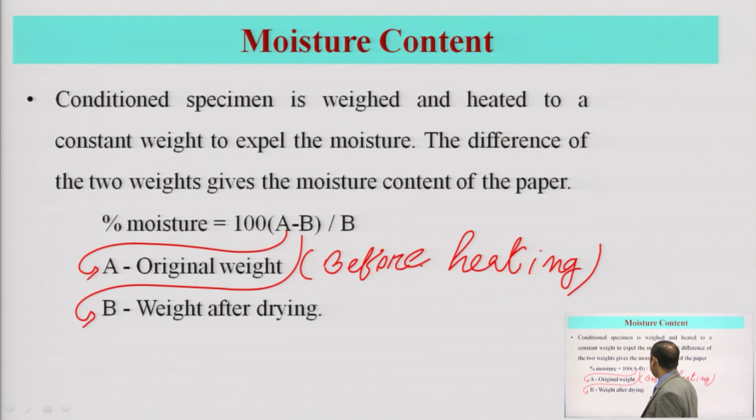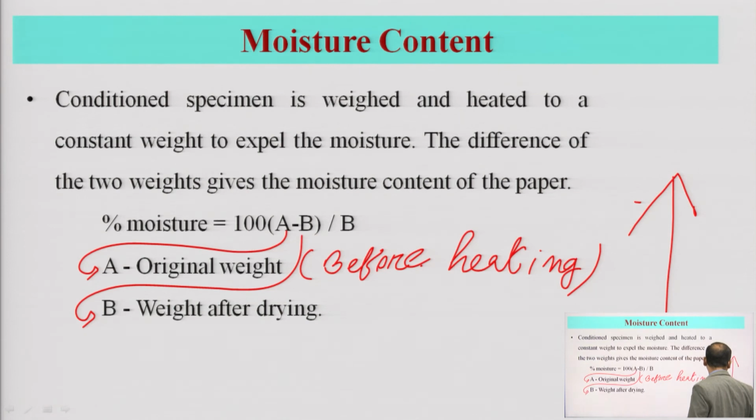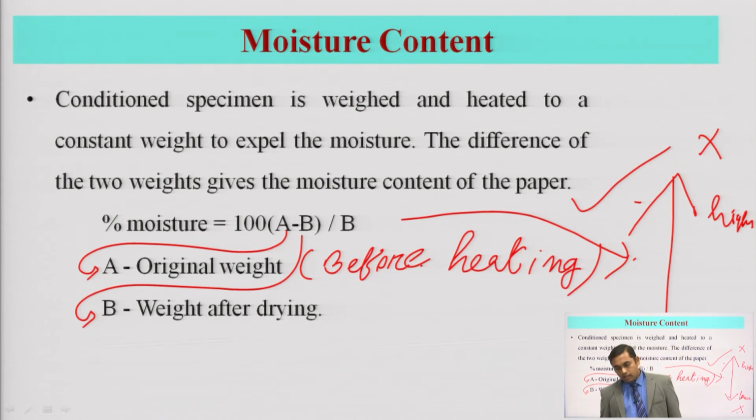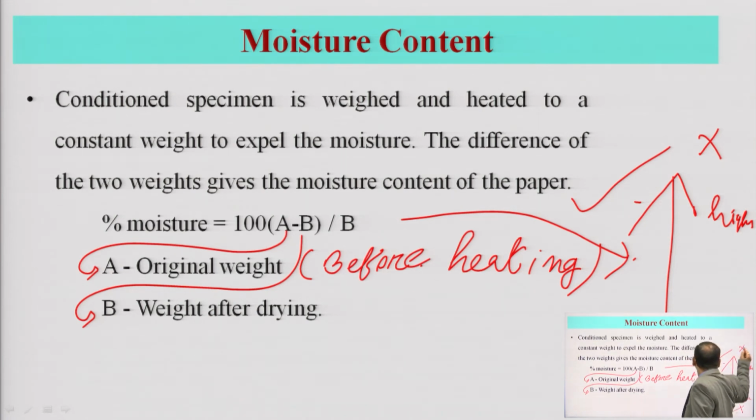After that, you will get some number, and obviously there will be some limit, a higher limit and a lower limit. If the result falls within this limit, then it is passed. If it is crossing, then it will fail. If it is below, then again it will fail. Usually, if moisture content is present, you will observe it at the higher limit.